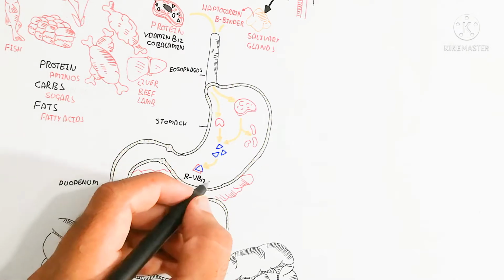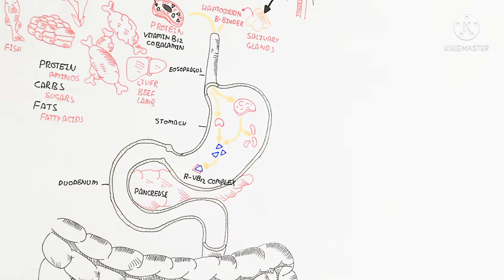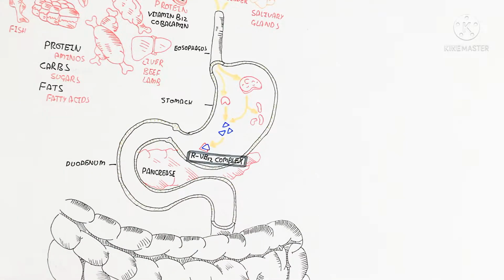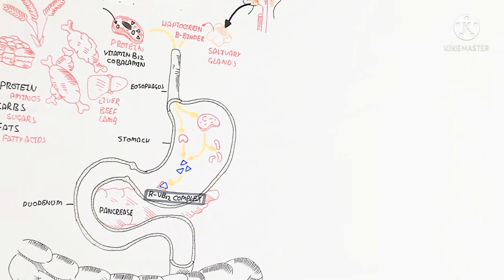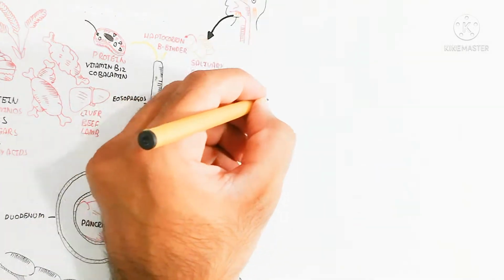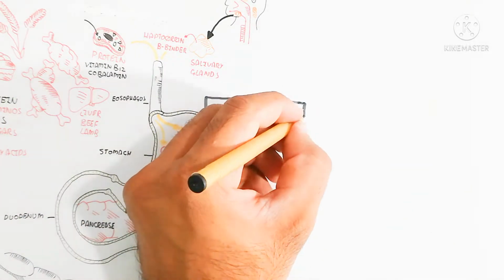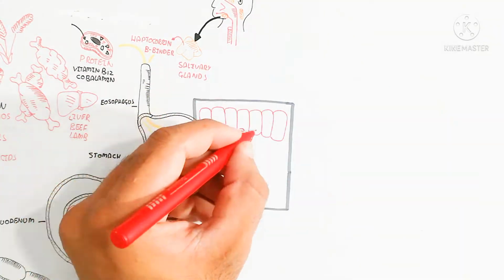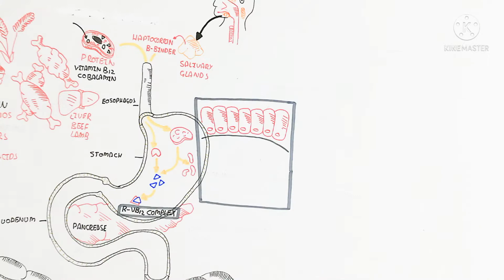One important thing is that the blue color shows the vitamin B12, while the red color shows the intrinsic factor; the vitamin B12 and intrinsic factor complex formation will occur.